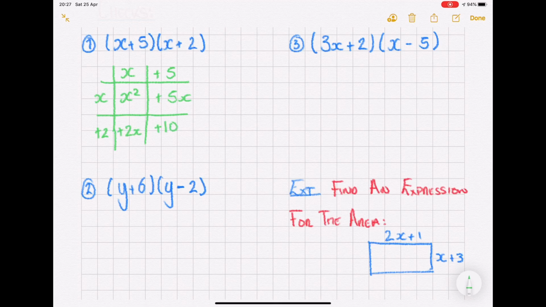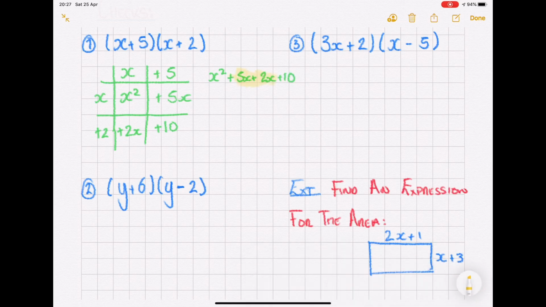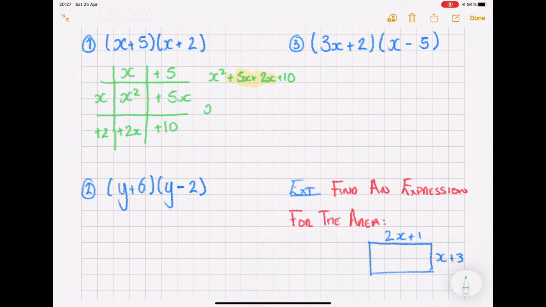So I'm just going to do it over here. x squared plus 5x plus 2x plus 10. Can we simplify? Yeah, we can simplify that there. So your final answer is going to be x squared plus 7x plus 10. That's your final answer. Give yourself some ticks for that.